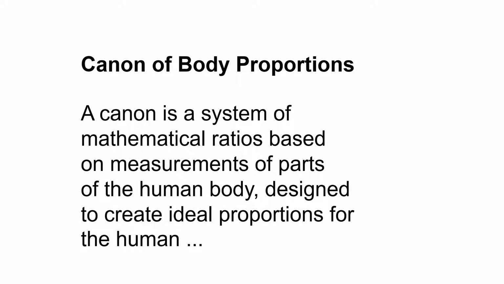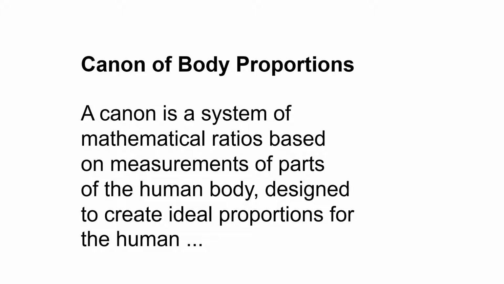So students, in this lesson, we are going to learn about full figure proportions. To understand that, first we have to know what is a canon. Canon of body proportions.